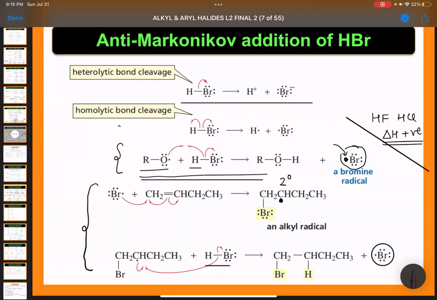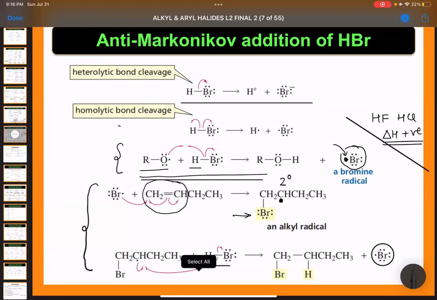Just formation of I radical will not take the reaction ahead. That I radical needs to add itself to the double bond as this Br radical is doing, as you can see over here. But that doesn't happen because I radical is too stable, being very large, the electron density is dispersed over a large area. It is unable to add to the double bond or break the pi bond. That is the reason why HI doesn't exhibit the peroxide effect.